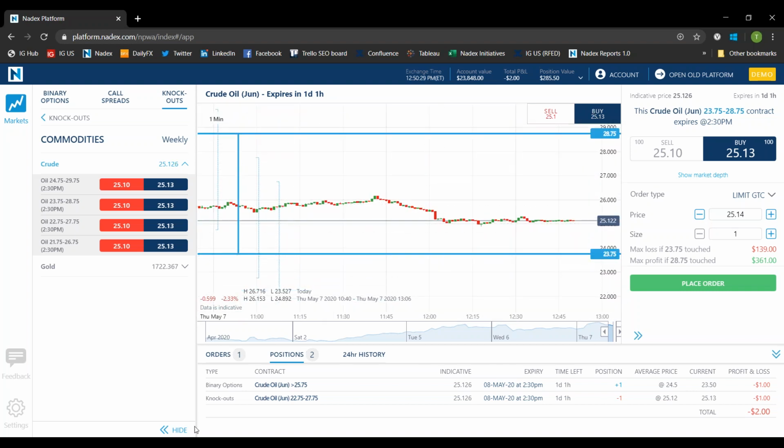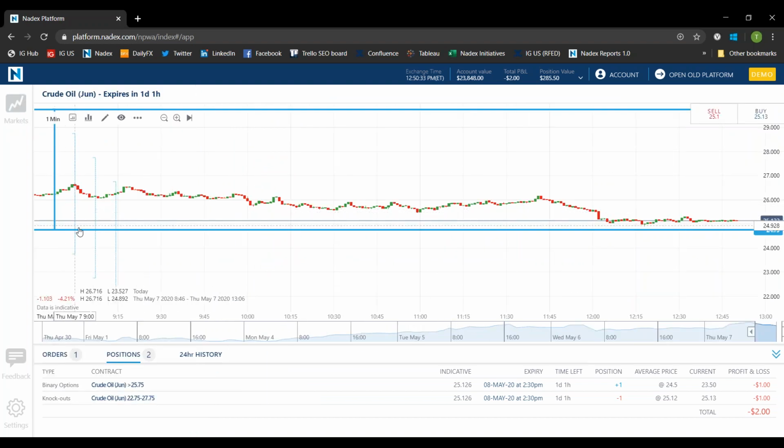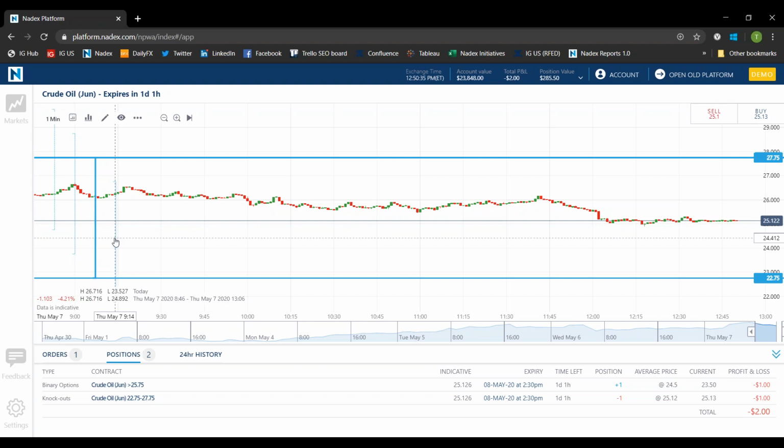You've got a variety of different ranges that you can choose from to give you parameters around whether you think it's going up or down, where you would be knocked out either for a profit or for limiting losses. And the other thing I wanted to mention again is we have a variety of tools, indicators, drawings that you can put on your charts to help you in making your decisions.